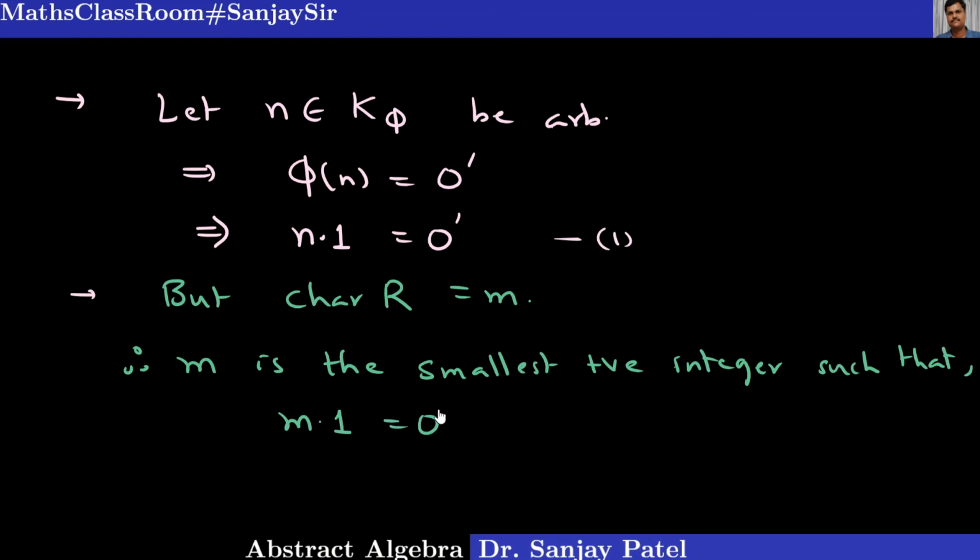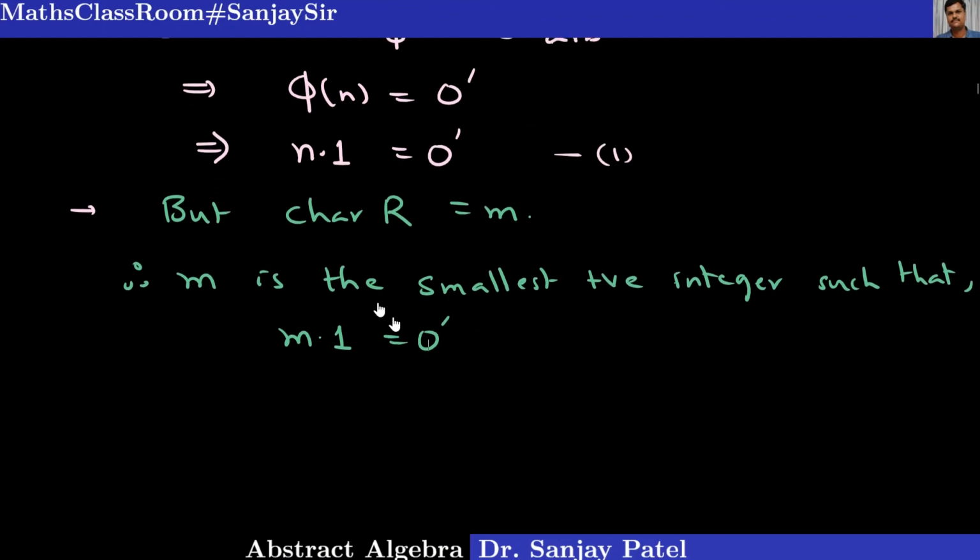M into 1 is equal to 0, but in our ring 0 is 0 dash. So m into 1 is equal to 0 dash. Okay. But we have another integer n for which n into 1 is also 0 dash. And m is the smallest one. So what we can say is from 1 and 2, we must have that m divides the number n.